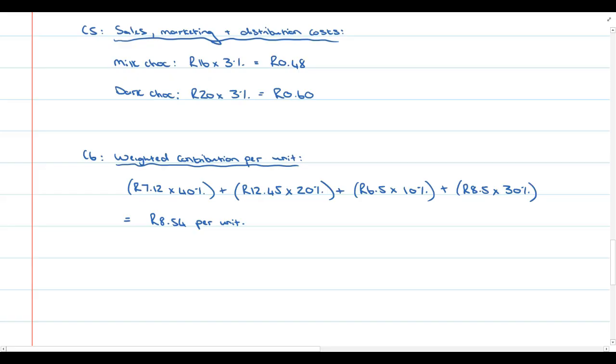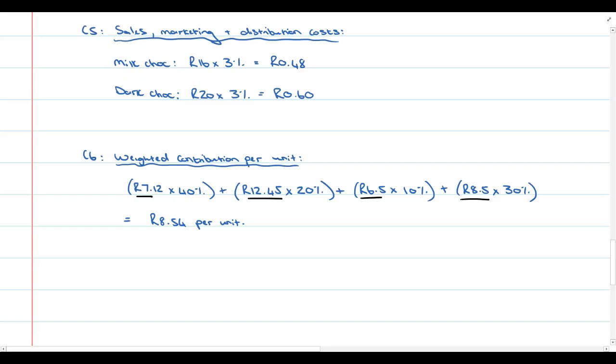Please note, guys, you will see there is an alternative calculation on the suggested solution. You're welcome to use the alternative calculation. So the only difference with the alternative is you first calculate contribution in total. So you take the contribution per unit for each of the products, you multiply by the sales volume. Remember, we look at the sales mix, so you use the sales volume. Don't look at production volume, don't look at inventory balances, use the sales volume.